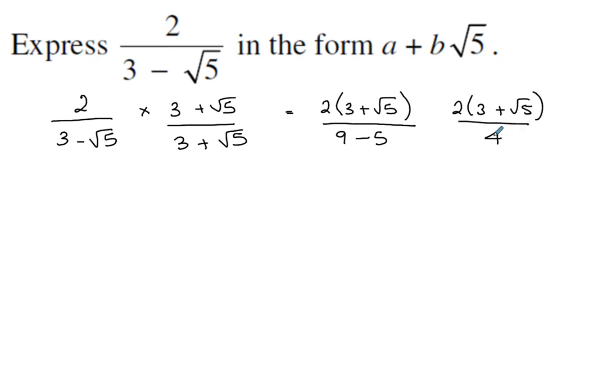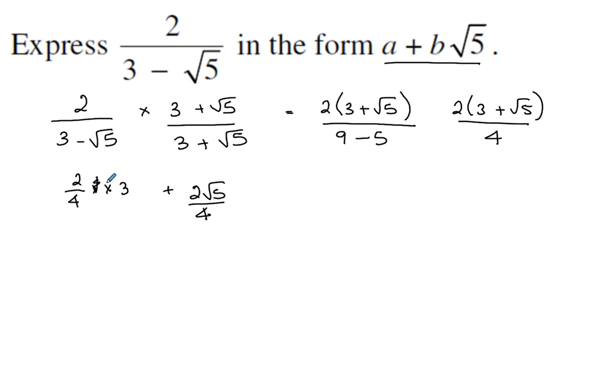Now, because we want it in that form, we've got to split it out. So we've got 2 quarters of 3, plus 2 surd 5 over 4.